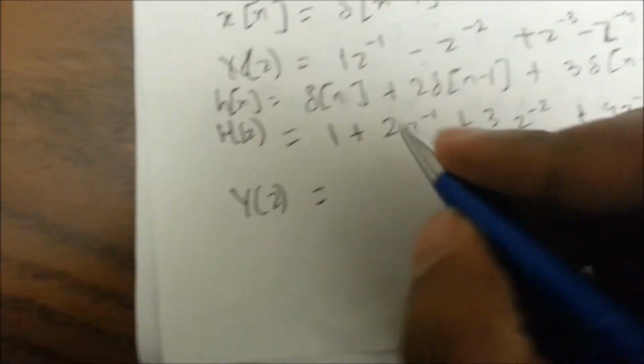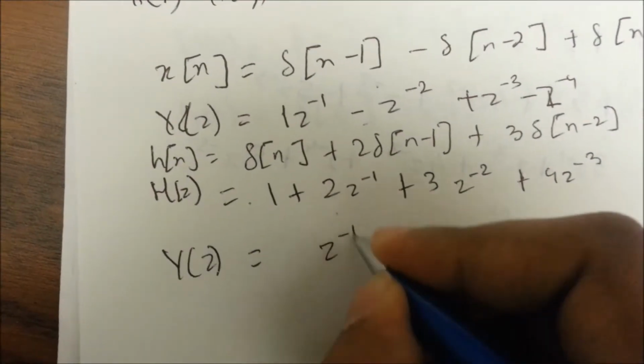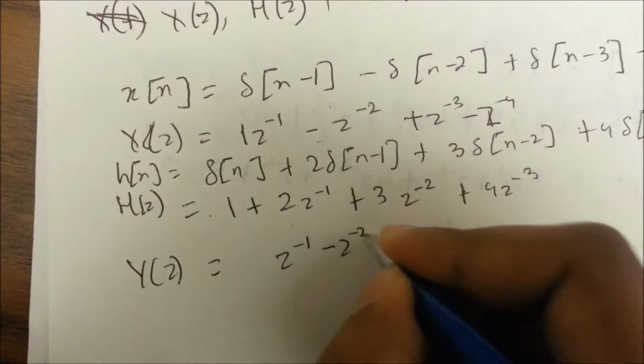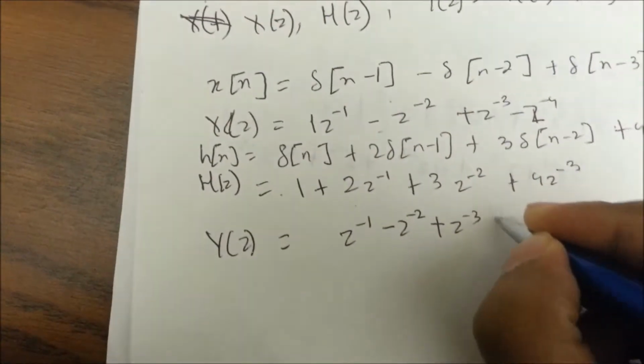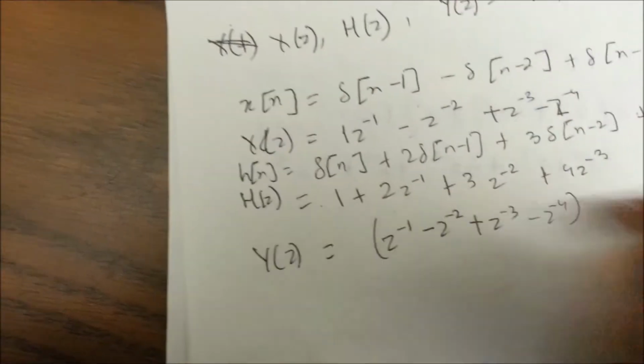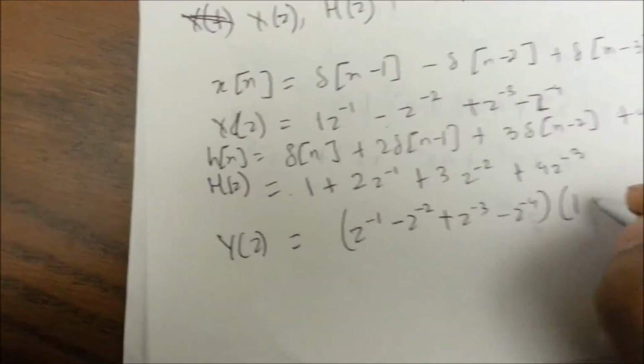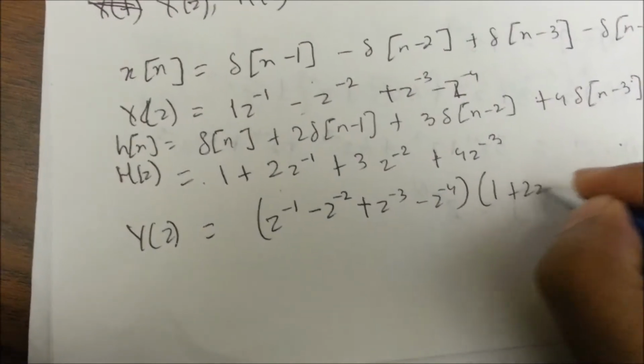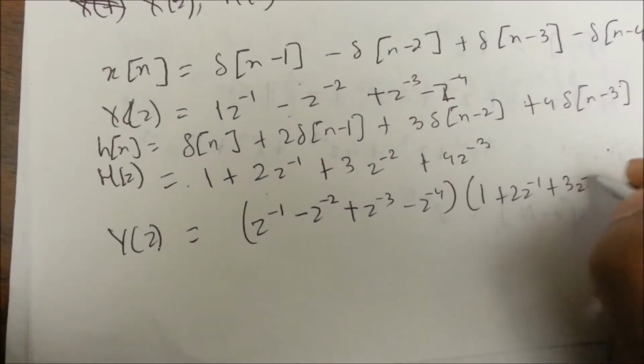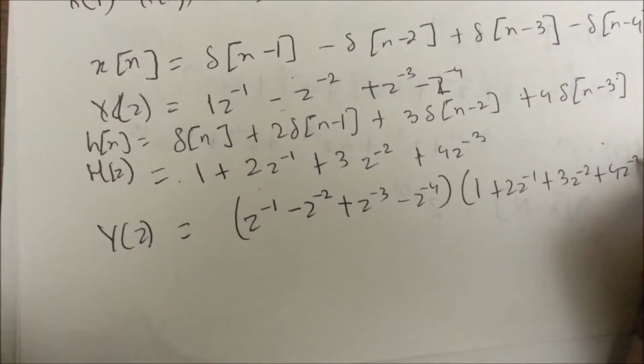So all you have to do is take z to the minus 1 minus z to the minus 2 plus z to the minus 3 minus z to the minus 4, multiplied by 1 plus 2z to the minus 1 plus 3z to the minus 2 plus 4z to the minus 3.